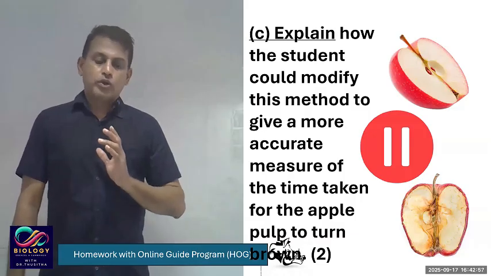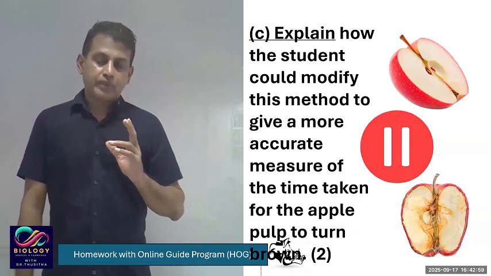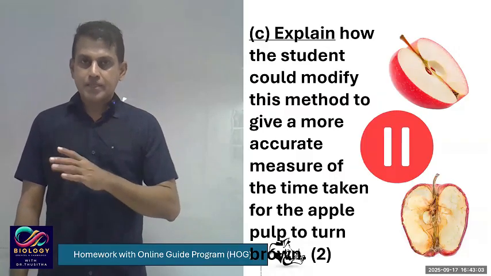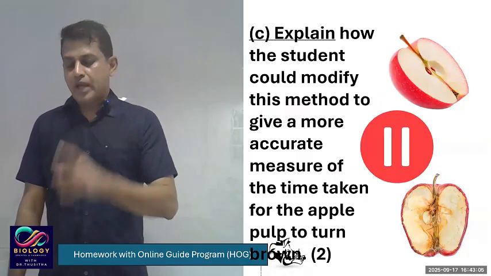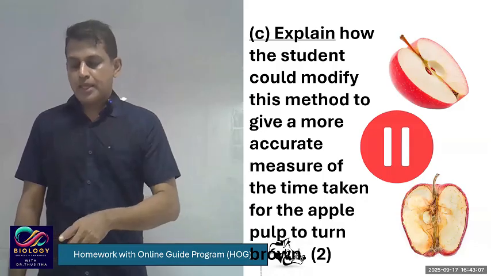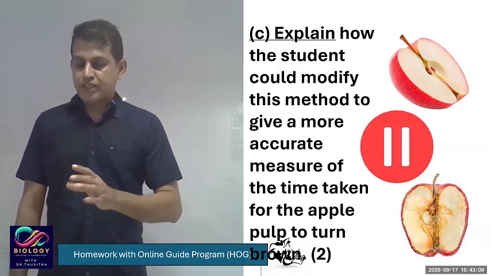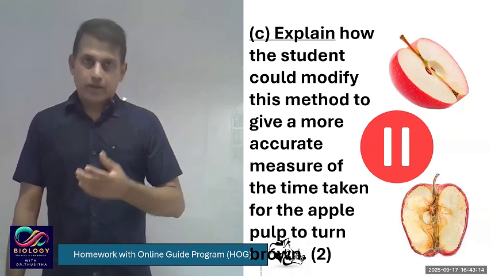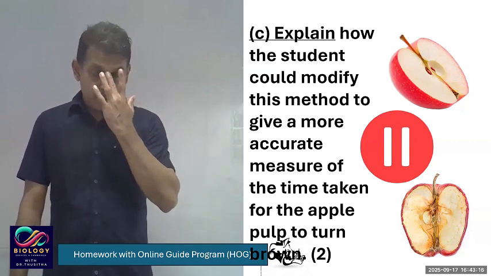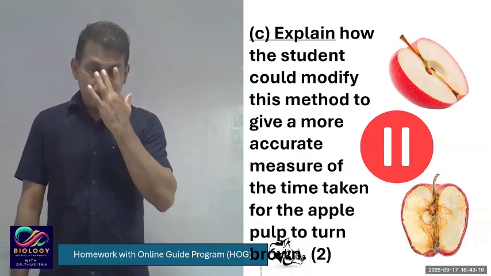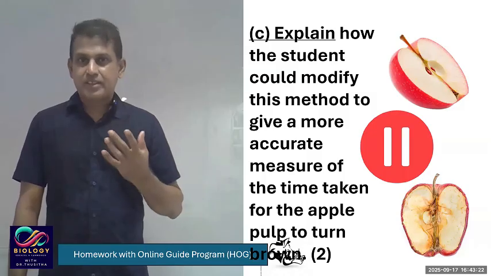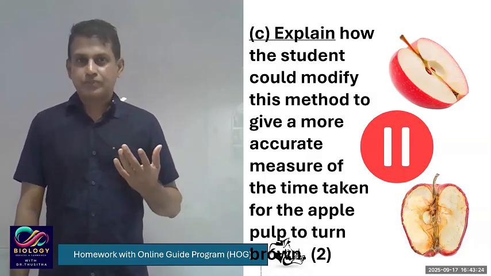Okay, so now you have to think like this. Look at the apple on top. That's fresh. And then look at the apple on the bottom. That starts to change the color and the shape like this. So when we measure something with our eye, with the human eye, especially color-like things, that is subjective.